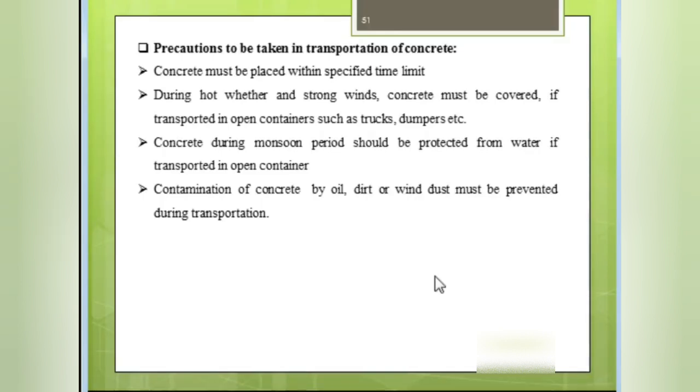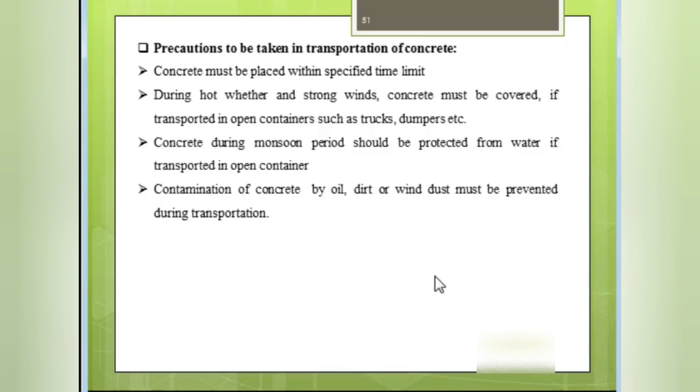Now, can you tell me why it slowly rotates? To prevent the setting of concrete. That is also right. Any other point? Yes, anyone? Prevent segregation.